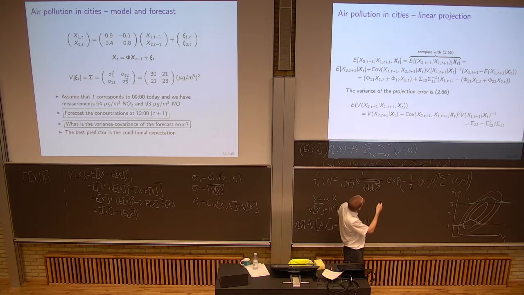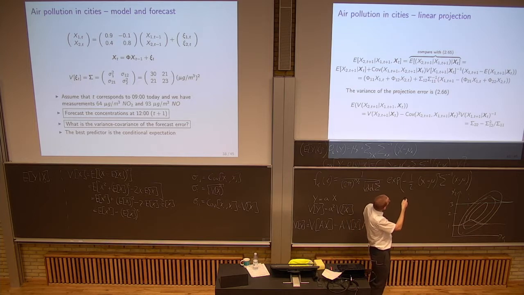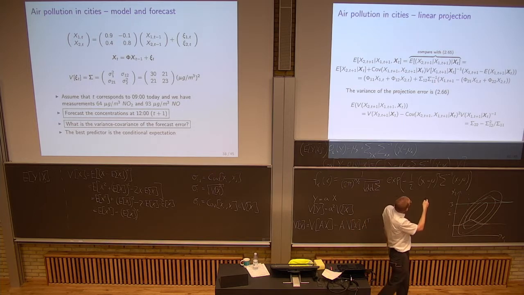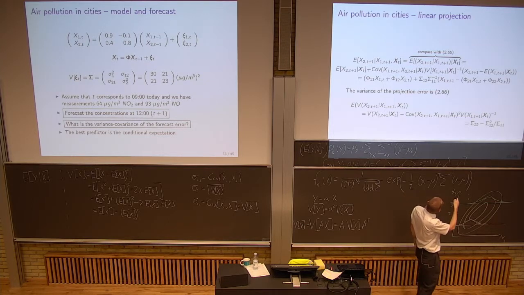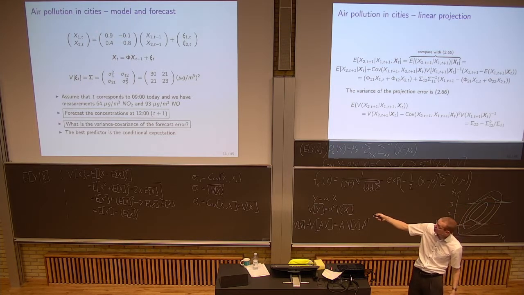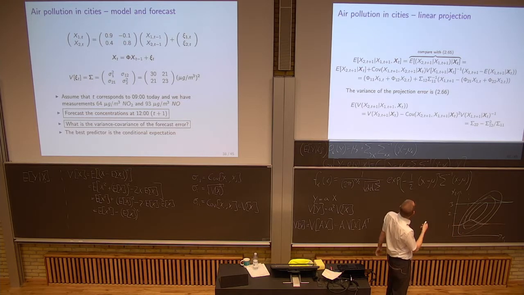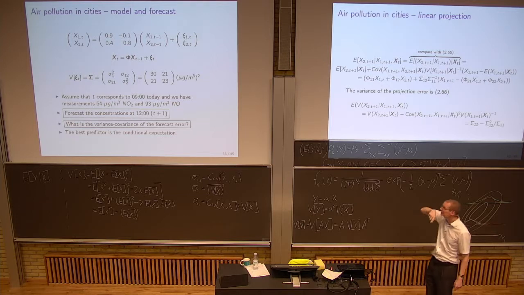And then we have the covariance between the first and the second element times the inverse variance of the first element times the observed value of the second element at time t plus 1 minus the expectation of the first variable, which is what we calculated previously, 0.9 times what was there before, so minus 0.1 times the value of x2 at the time before. And that was it. That's the prediction. That's the estimation.